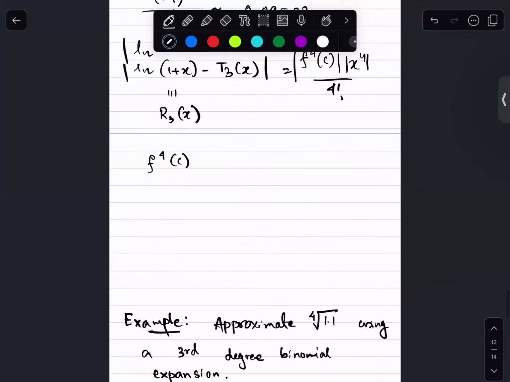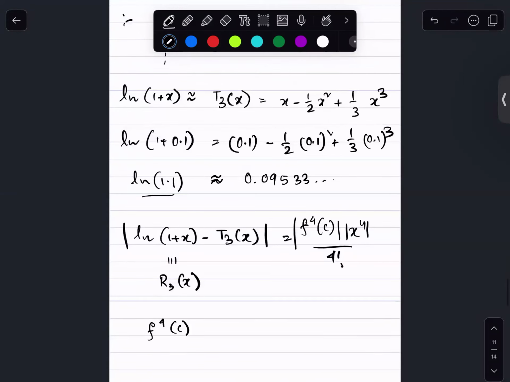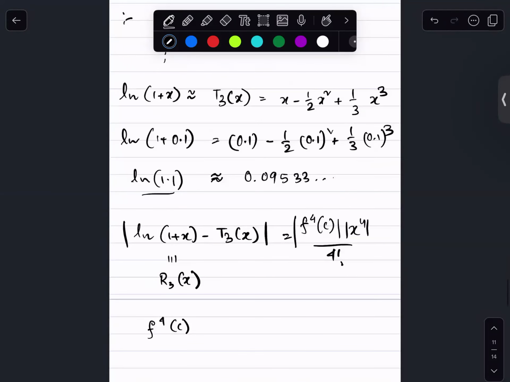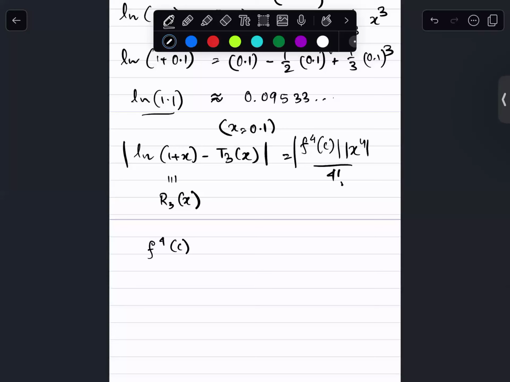But what is a here? Remember, a here was 0 and x I chose to be 0.1.